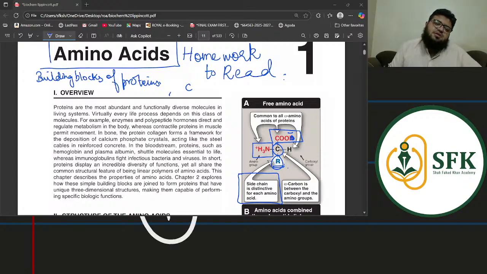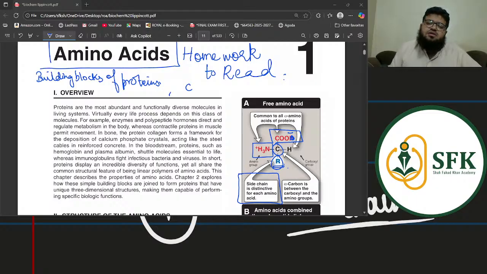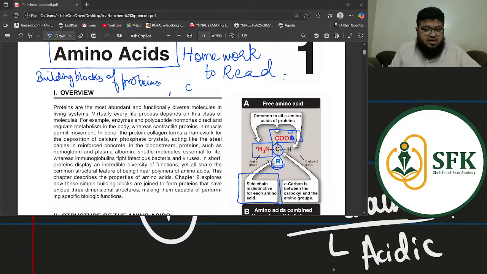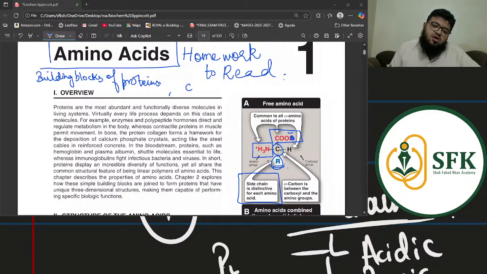This R group represents the side chain of the amino acid, and it determines the type of amino acid as well. It can make amino acid acidic, it can make it basic, it can make it polar or non-polar, depending on the type of side chain that it contains.